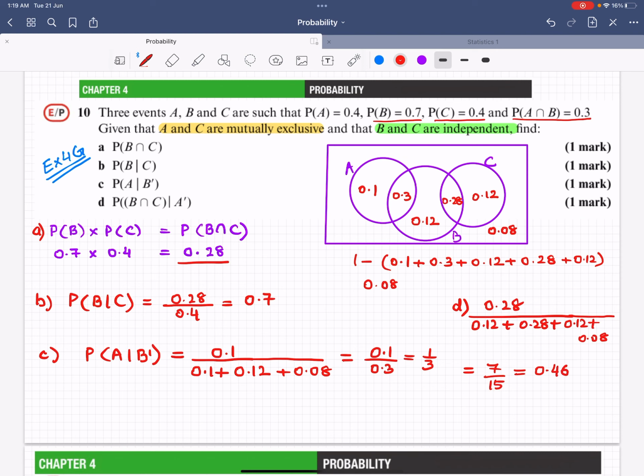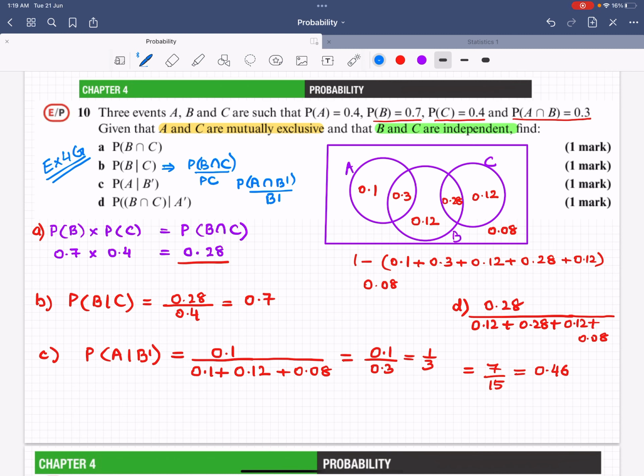0.46. Also, we can note that for conditional probability, we can write the formula. For example, for this one, B given that C is probability of B intersection C divided by probability of C. And likewise for part C, it would be probability of A intersection B complement divided by B complement.